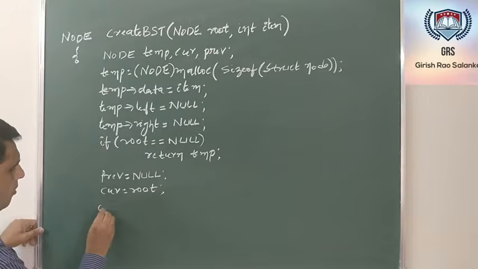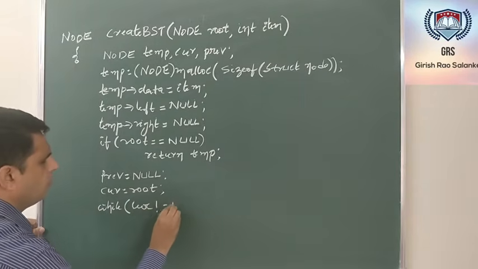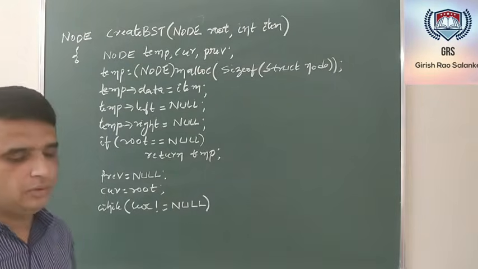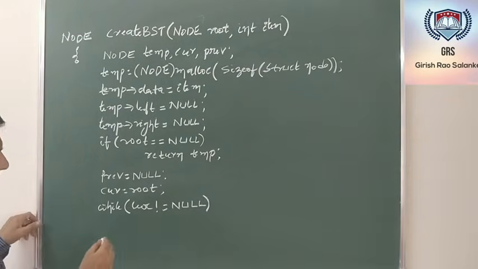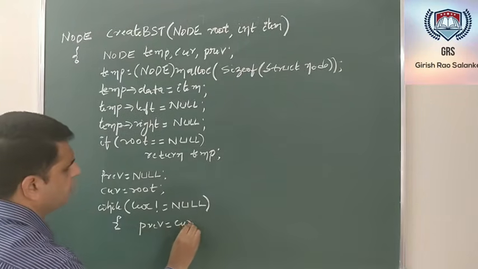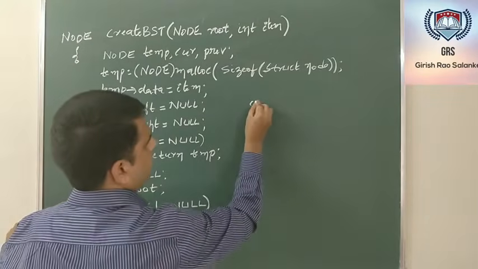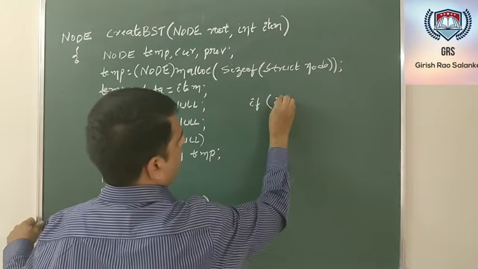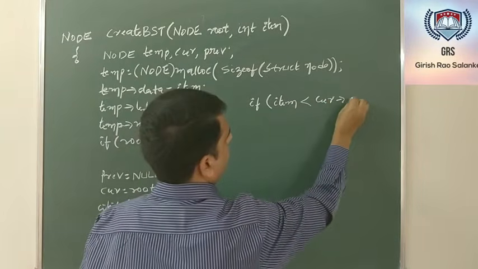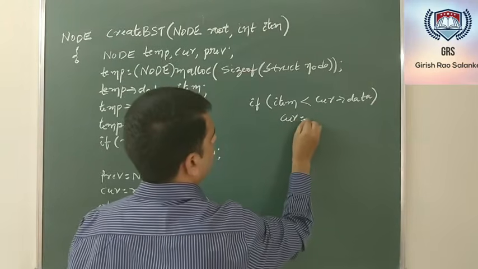Take a while loop. While current not equal to null, you need to compare. Let us first initialize previous to current, and then if item to be inserted is less than current of data, then current needs to be moved to the left side.